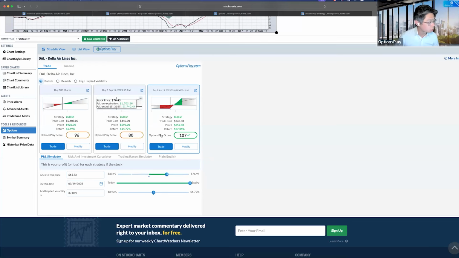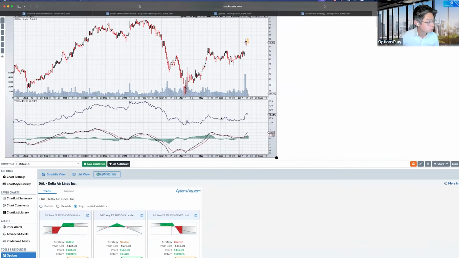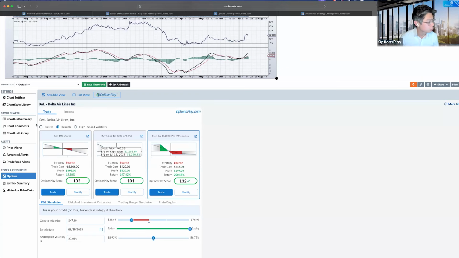So for example, if you're bullish, we'll select the appropriate expiration date and strike prices for you. If right now you believe that the implied volatility of the option is incredibly high and you want to take advantage of that, we'll look at selling put spreads or call spreads or straddles. So we cover a wide variety of strategies depending on your outlook for the specific stock, and it gives you the information that you need to make that trading decision.